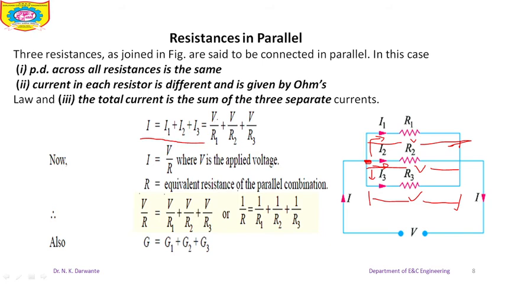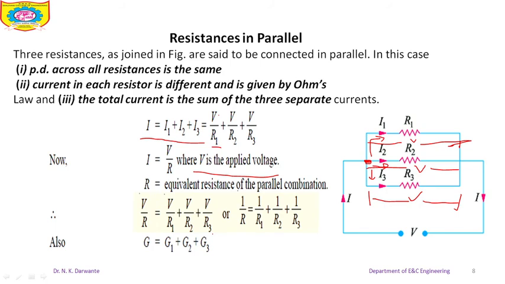From Ohm's law, you know that current I1 is equal to the voltage applied across the resistance, V divided by the resistance R1. Means I1 is equal to V divided by R1, I2 is equal to V divided by R2, and I3 is equal to V divided by R3. As you know that I is equal to V divided by R, if we put these values, where V is the applied voltage, V by R is equal to V divided by R1 plus V divided by R2 plus V divided by R3.